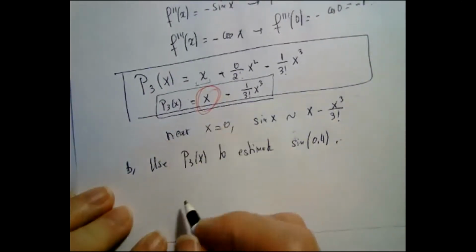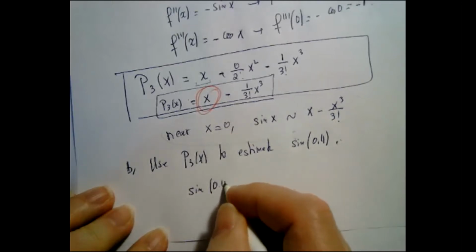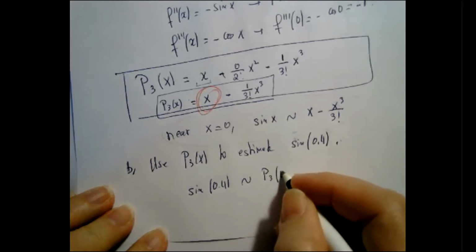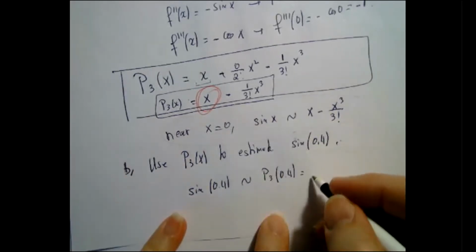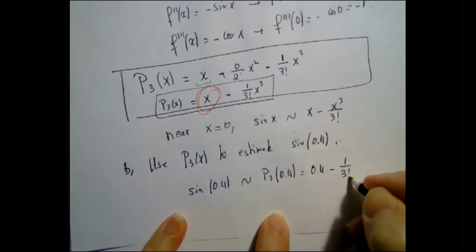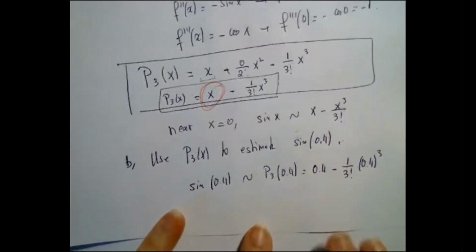So the Taylor polynomial tells me that sine at 0.4 could be approximated by the value of the polynomial at 0.4. It means I plug 0.4 into the expression of the polynomial, to the power 3.